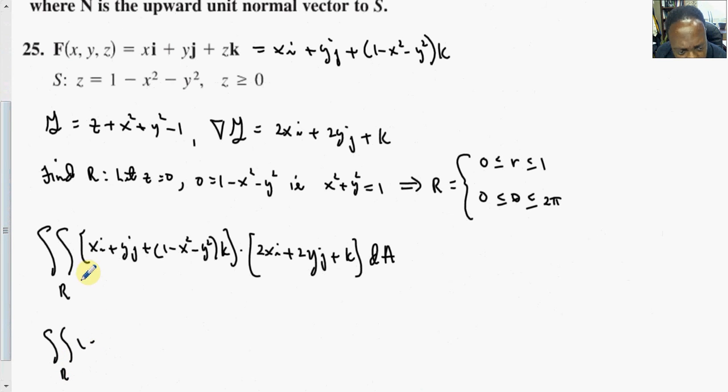This gives us, do the dot product, 2x squared plus 2y squared plus this times 1 is 1 minus x squared minus y squared.